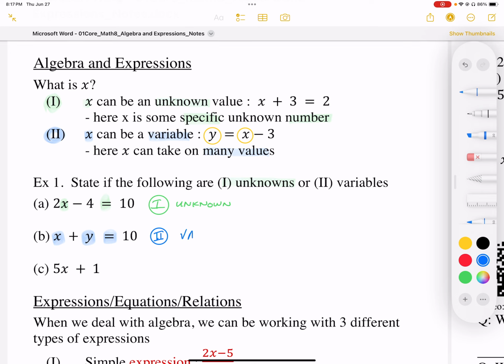So this is a variable. In C, this is also a variable because there's no equals. That means that x doesn't have to be anything specific. So it is, in this case again, number 2. This is a variable.